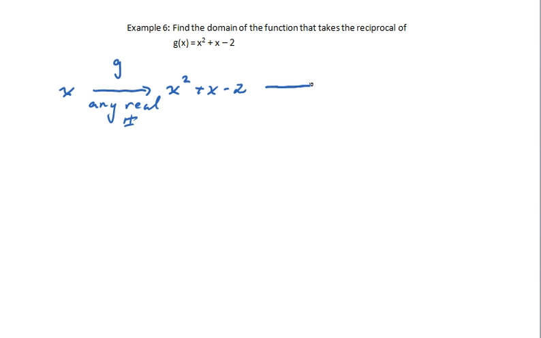But now we're going to take the reciprocal of g of x, which gives us 1 over x squared plus x minus 2.